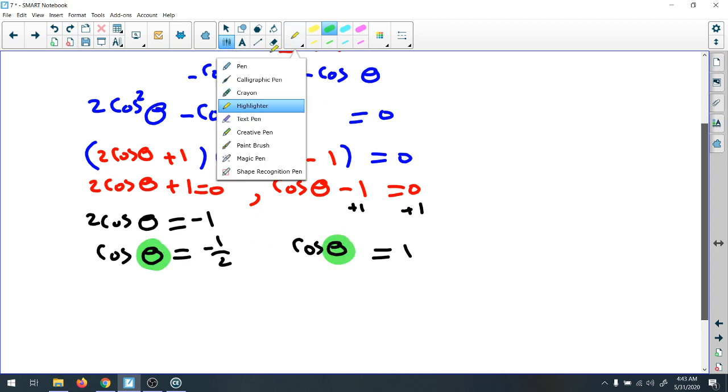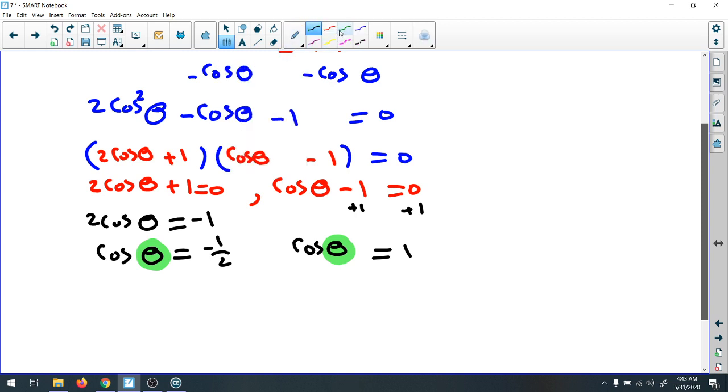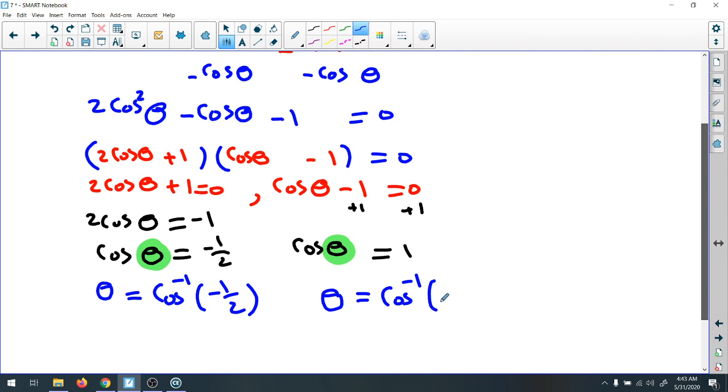So to do that, we will do the opposite here. So theta equals arc cosine, or cosine to negative 1, of negative half. That means what is the angle that its cosine is negative half. And here theta equals arc cosine of 1.